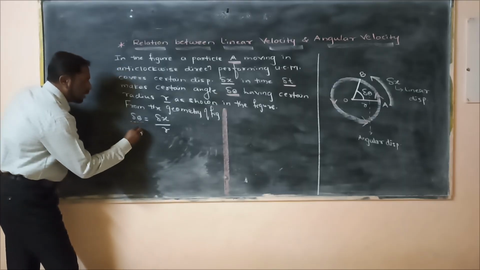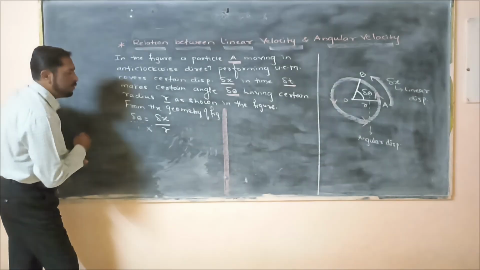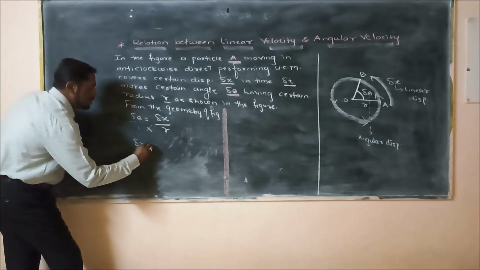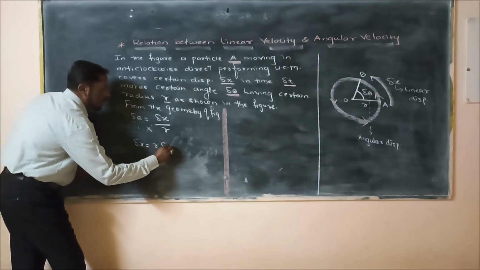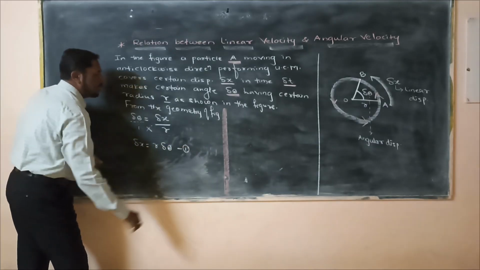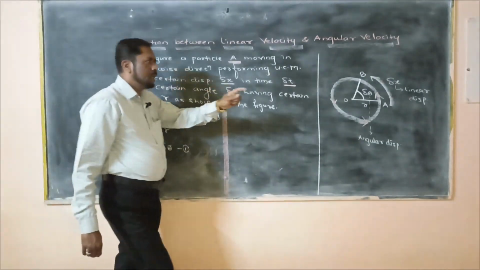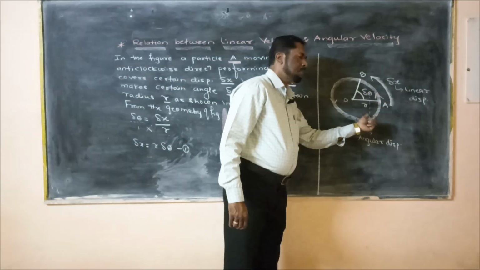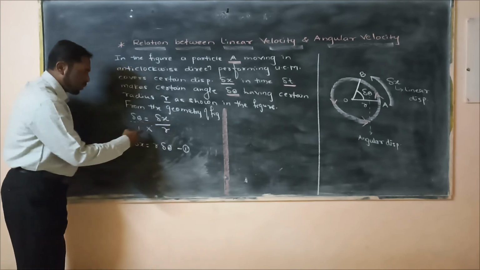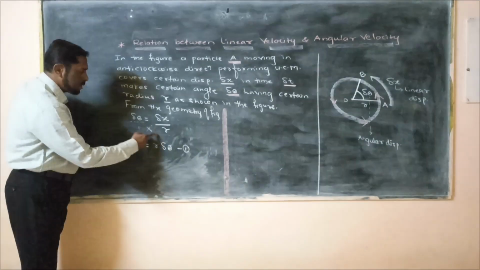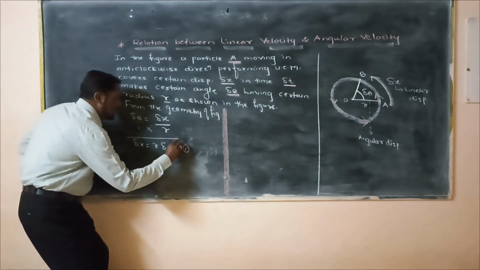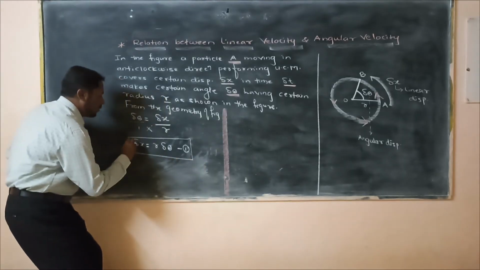Taking the cross product, we can write delta x is equal to r delta theta, equation number 1. From the geometry, delta theta is equal to delta x upon r, so delta x becomes r delta theta. This is equation number 1.